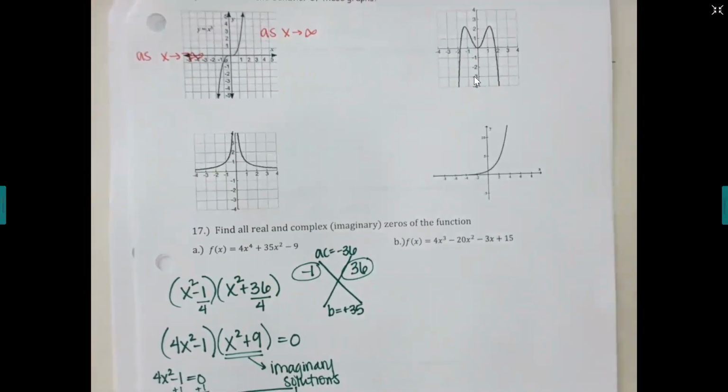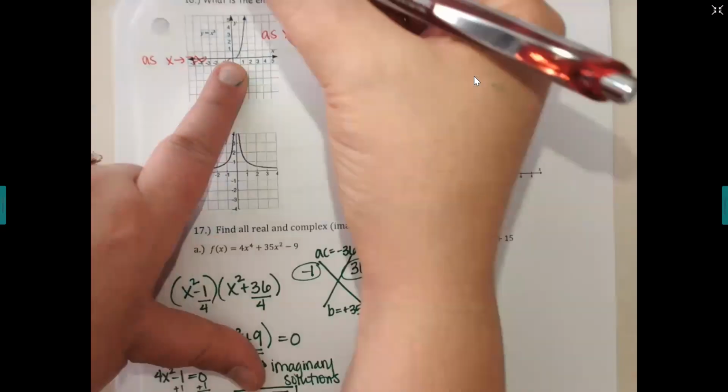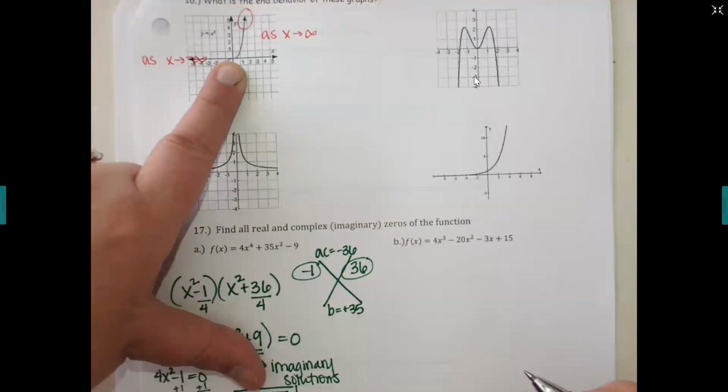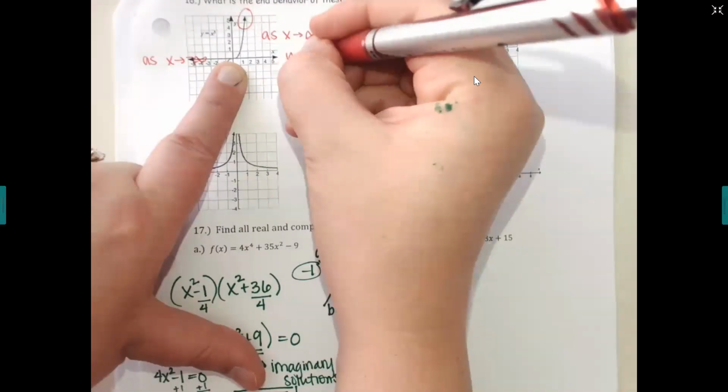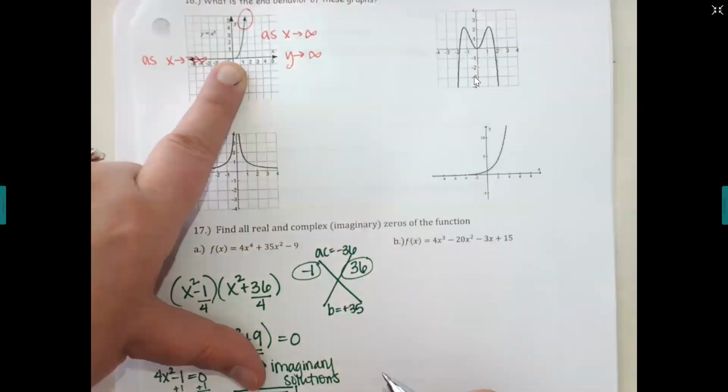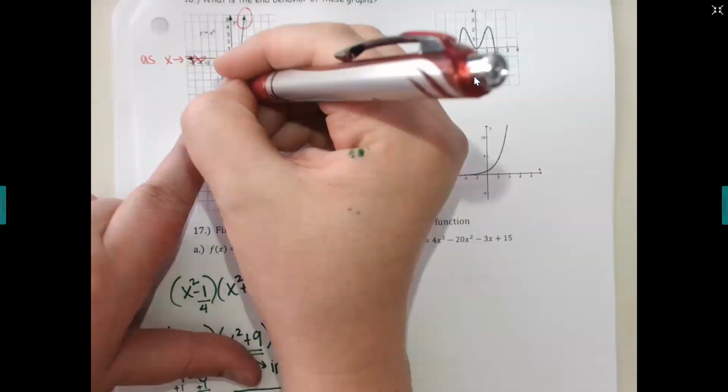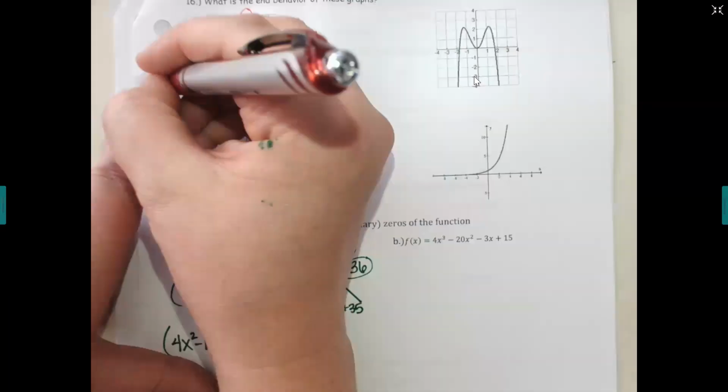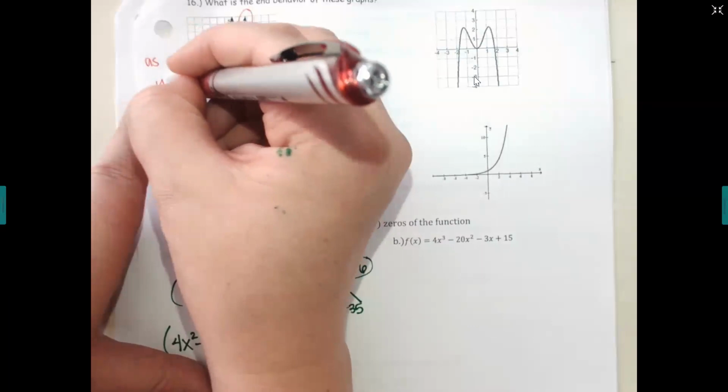Remember, x to infinity is always the right side, negative infinity is always the left side. Then y tells you what that end is doing. Which way is this end going? So I put y to infinity versus what is this end doing? Down, so it'd be y to negative infinity.